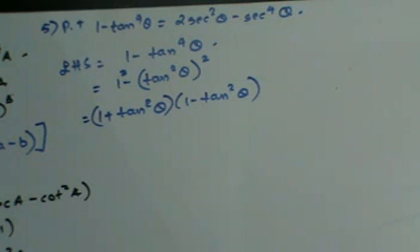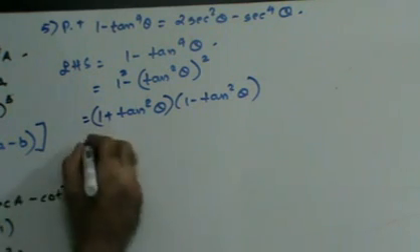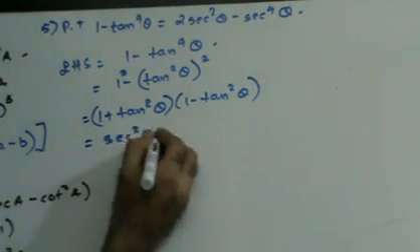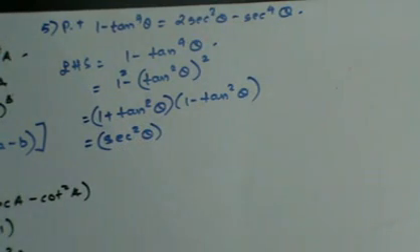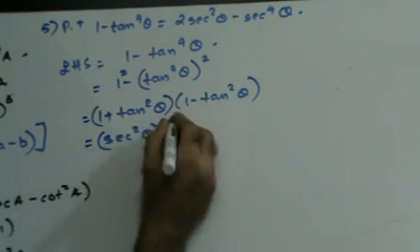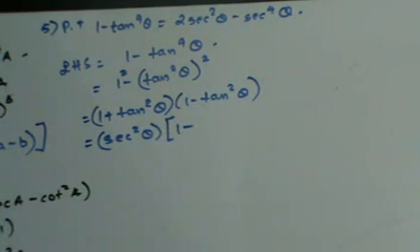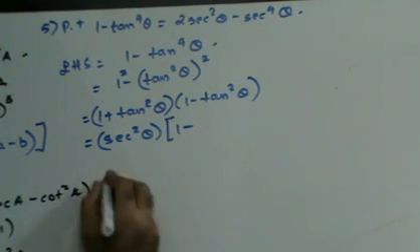1 plus tan^2 theta by identity is equal to sec^2 theta. So this is sec^2 theta into (1 minus tan^2 theta). Guys, I'll write the identity down in a different color.